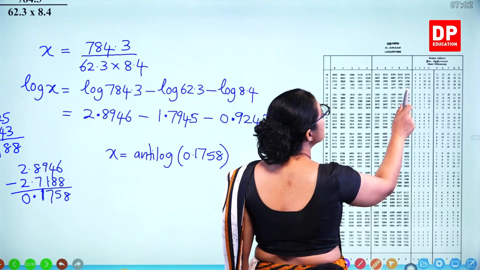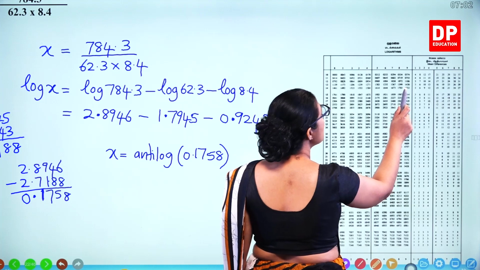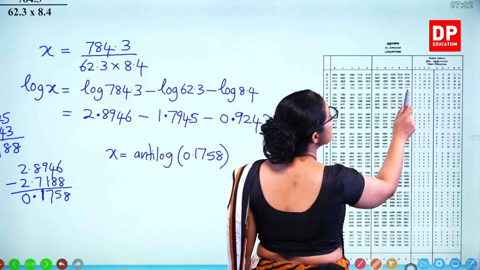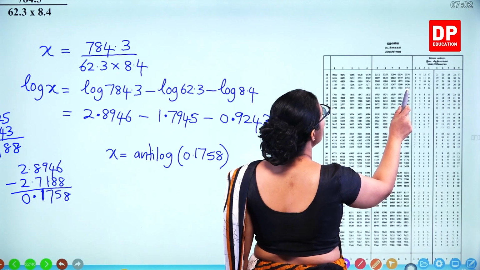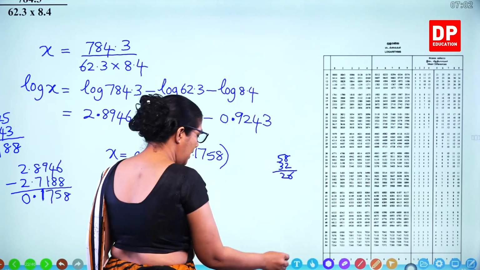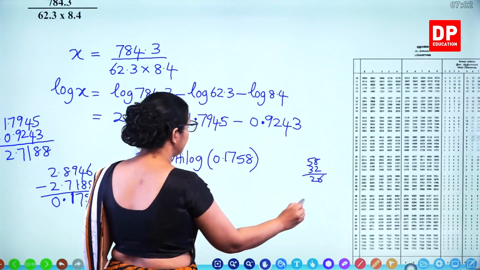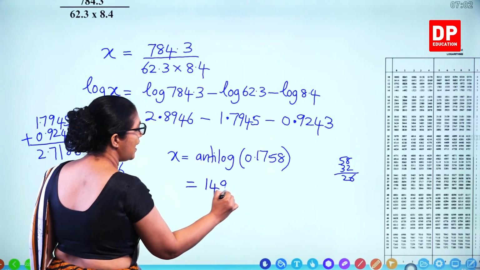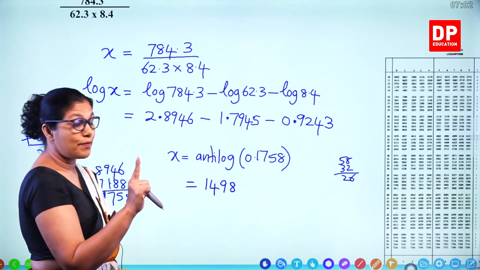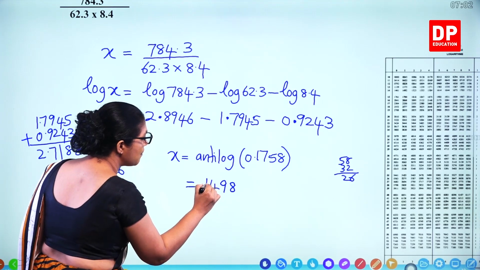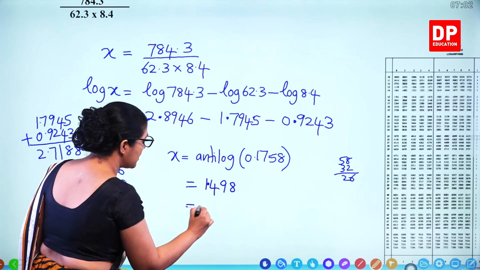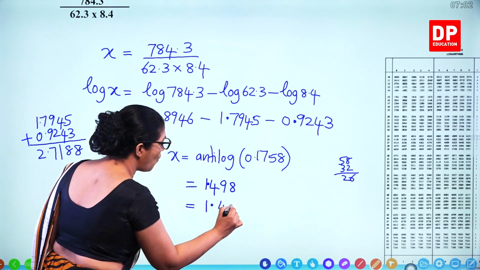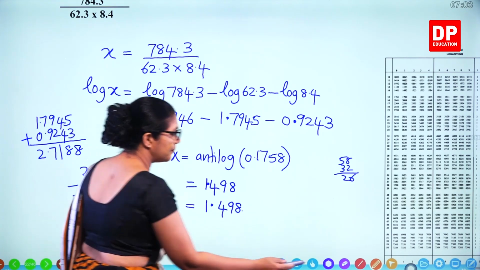So another 26, so we can take 8. 1498, and this is 0 point something. So that means we have to keep the decimal point here. So what's the answer? 1.498.